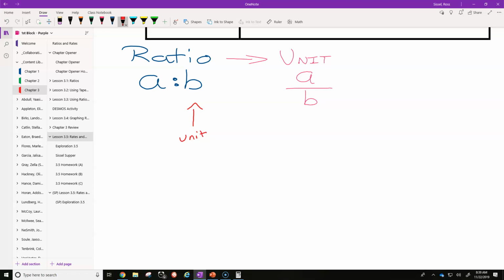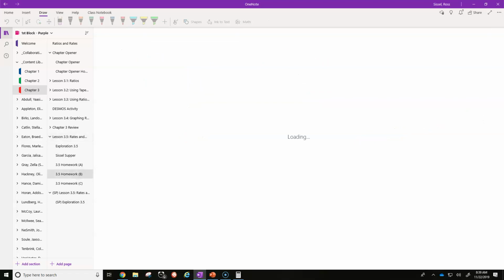When I want to find out how many miles per gallon I'm getting, I'd write my miles first, my gallons second. Then you take the first number divided by your second.